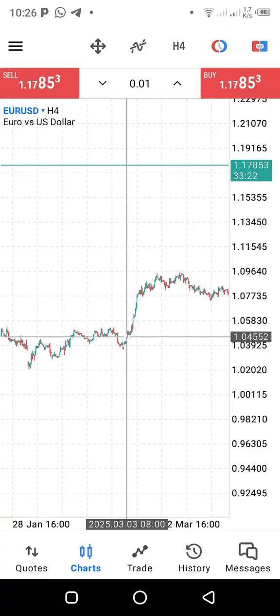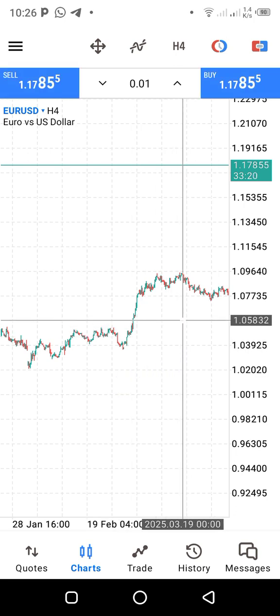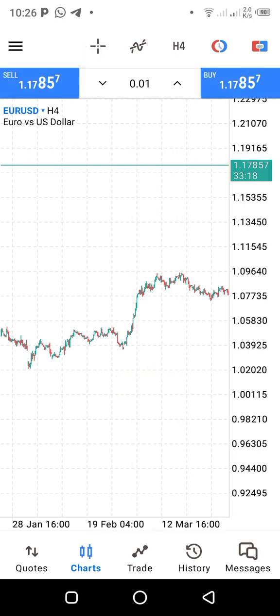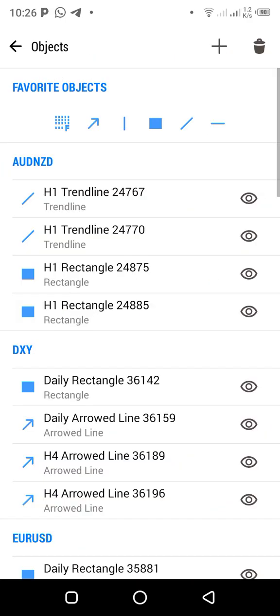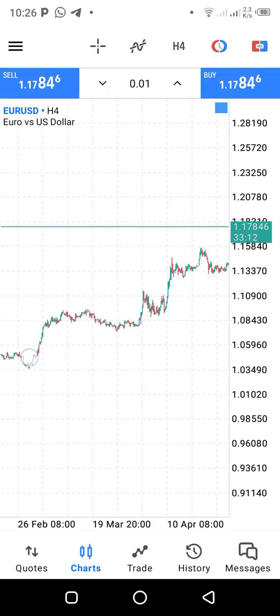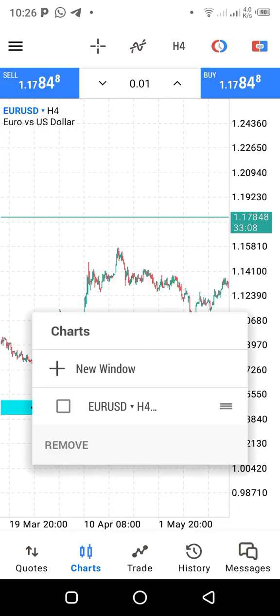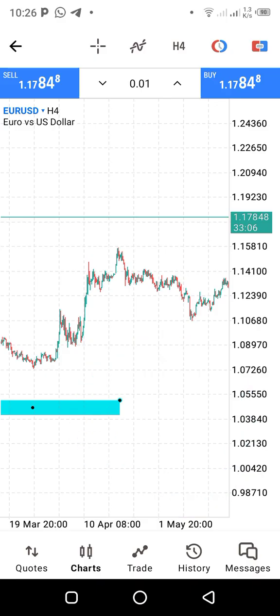All these months USD has been buying aggressively. And we're having so many untapped supply and demand zones. This is untapped demand. Also here we have untapped demand. There are so many zones that price could look for.